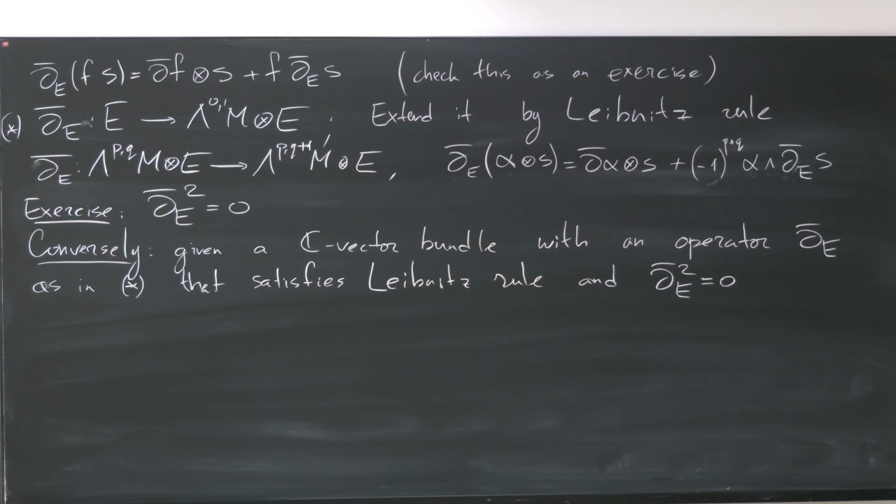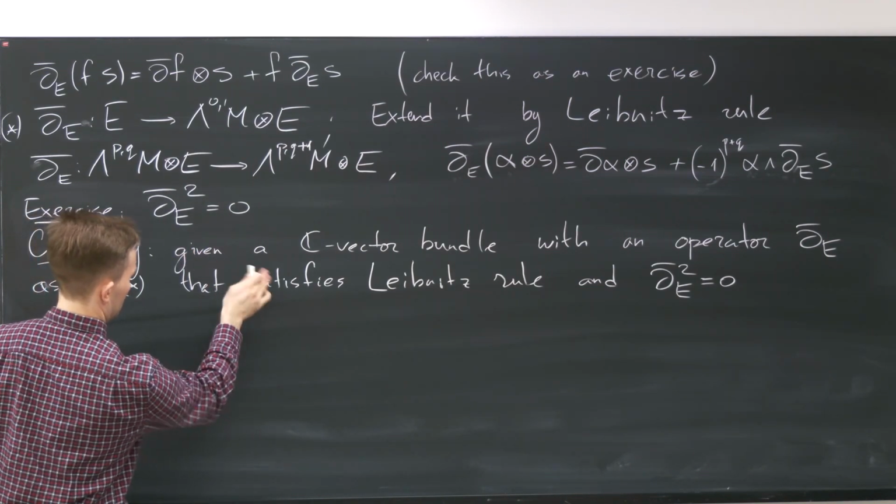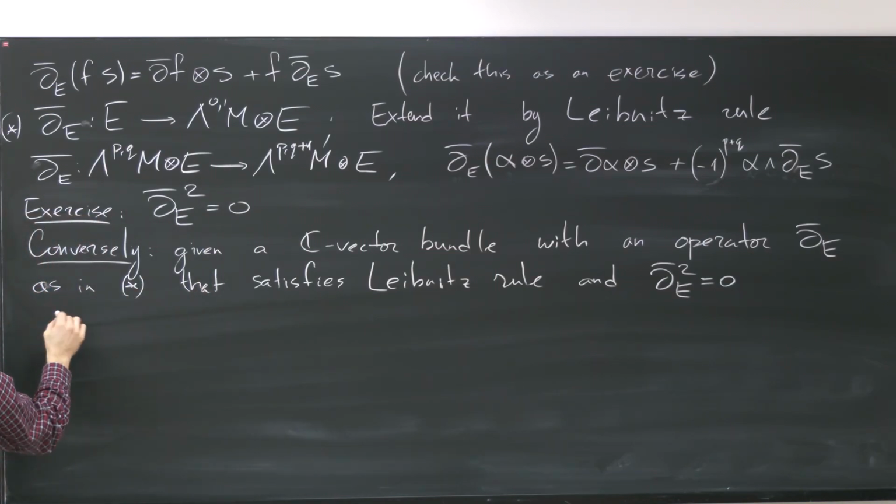So then, okay, I have this vector bundle with this operator, and then there is a theorem. We can prove that this E actually carries a structure of a holomorphic vector bundle.